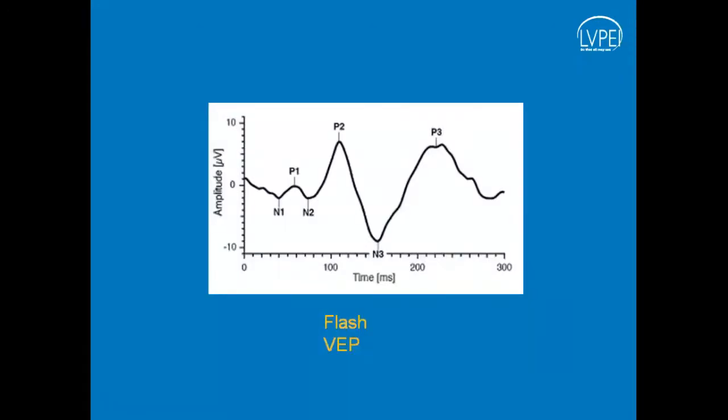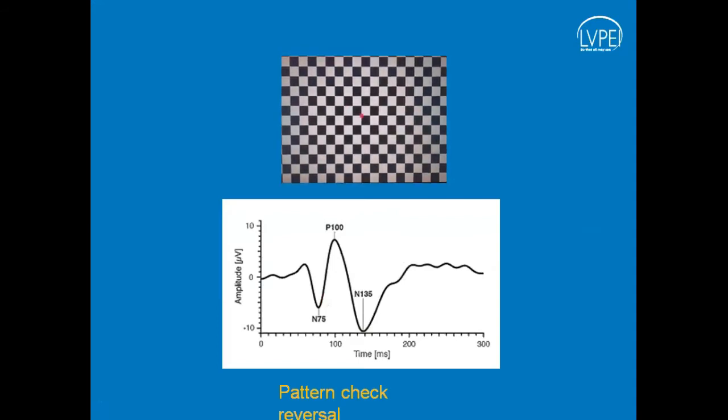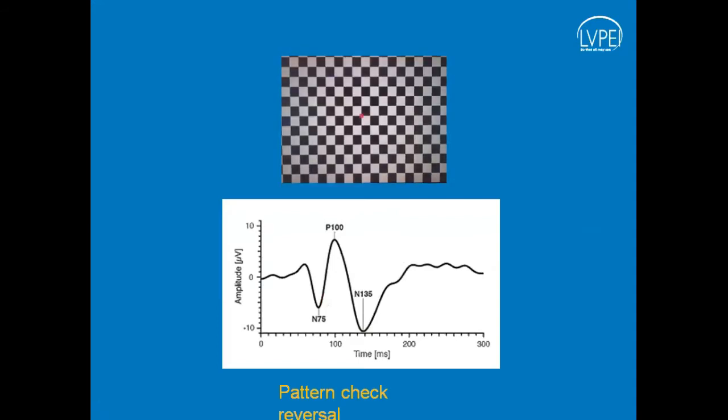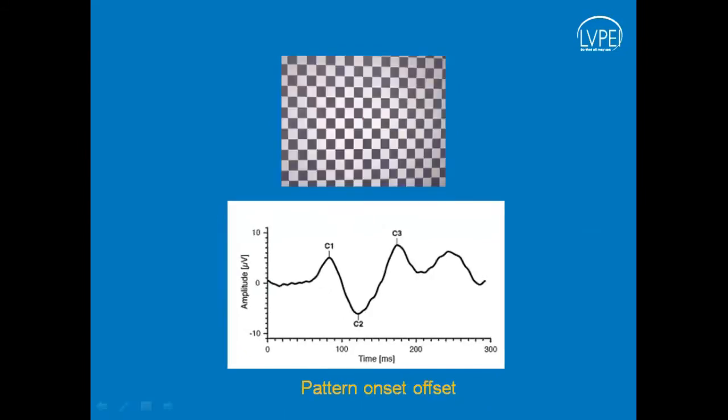In the previous talk we saw why the flash VEP would be helpful, and the normal response looks like this. And the running average curve of the pattern VEP, the pattern check reversal VEP, is given here, and the stimulus pattern during the pattern VEP test is also clipped at the upper side.